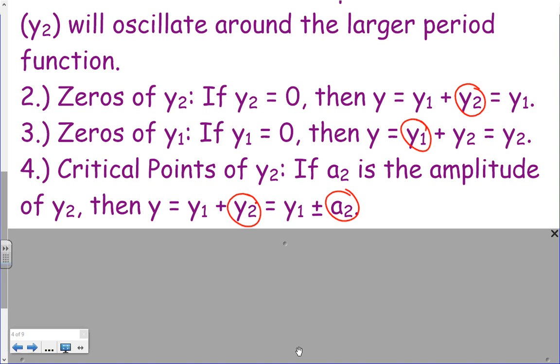So if I consider the critical points of y2, that is where y2 hits its high and its low points, then I can just simply plot those points by adding or subtracting the corresponding amplitude from y1. All right, so let's plot those points.